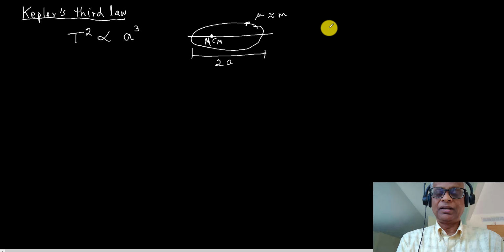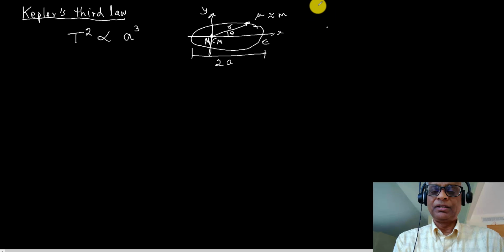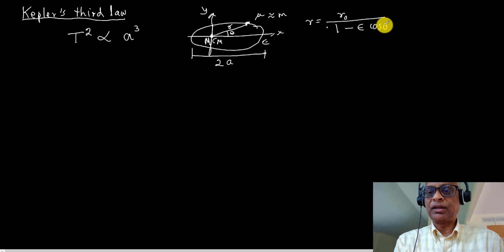For instance, we've derived that if the eccentricity of this orbit is epsilon, and this is the position from the center of mass, and the direction is theta, and this is the x-axis, and this is the y-axis, in an xy plane, then r is given by some constant r0 over 1 minus epsilon cosine theta. So r is at any time t, and theta is at time t.